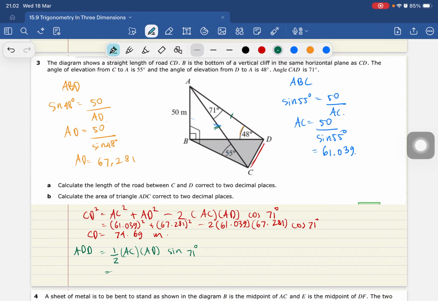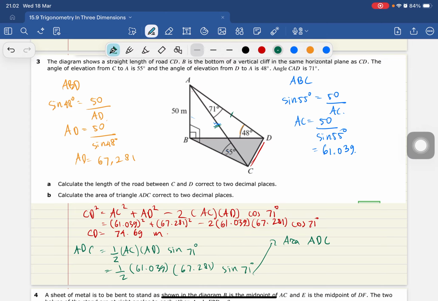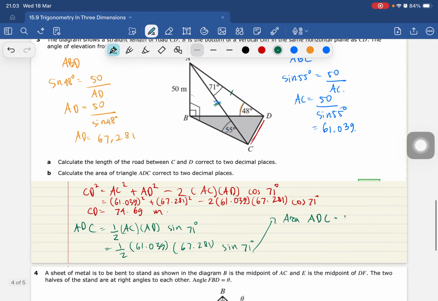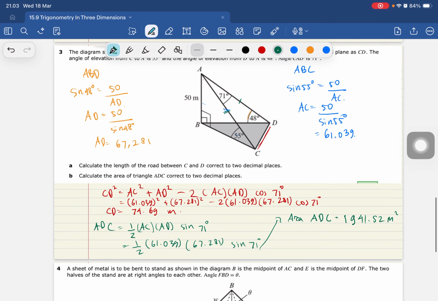You just substitute it, 1 over 2, AC is 61.039, AD we got 67.281, and multiply it with the sin 71 degree. So the area of the triangle ADC. Use a calculator, and after you use a calculator, the answer is 1941.52 meters square.